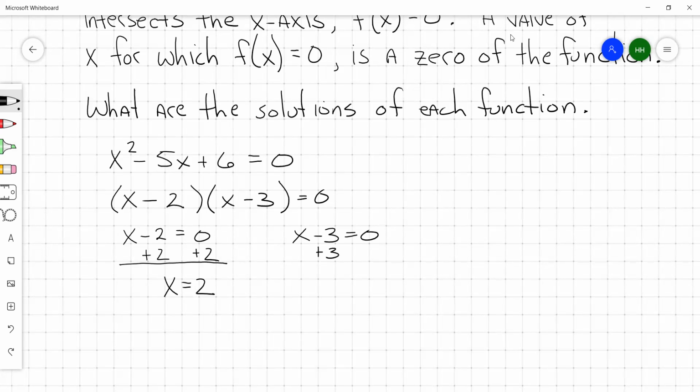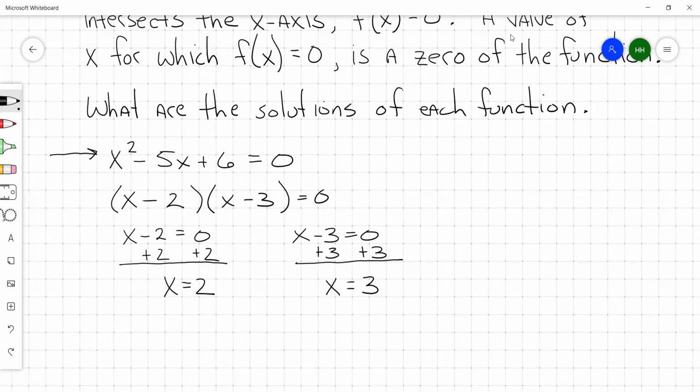You can add 3 to each side, and x is equal to positive 3. So those are what are called the solutions, or the zeros of this function right here. This parabola is going to hit the x-axis at positive 2 and positive 3. So those are your solutions to the equation.